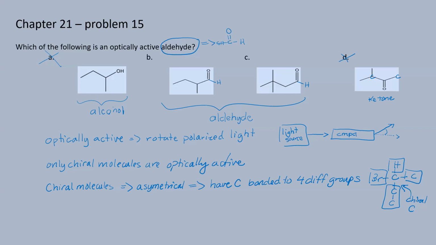Now these are skeletal structures, and so we're not going to see all the atoms. So it helps to draw them in. So I'm just going to do it for the aldehydes. So we've got a carbon here, a carbon here, a carbon here, carbon here, and a carbon here.